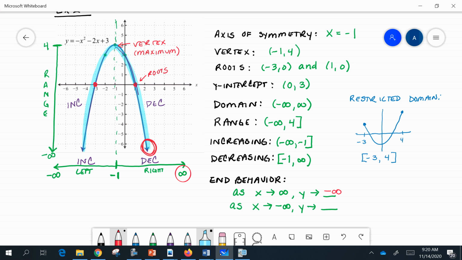As x approaches negative infinity, now we're talking about the left part of the graph. What are those y values doing? Well, they're also going down forever, so we would say it approaches negative infinity. What's pretty easy about end behavior for a parabola is that these y values are doing the same thing. They're either both going to approach infinity or they're both going to approach negative infinity.